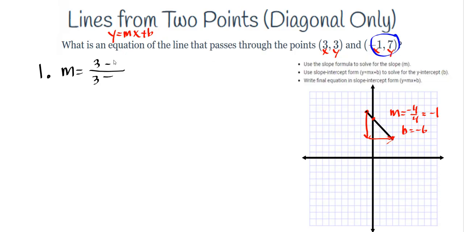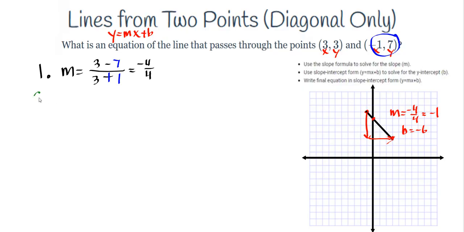When I put in this x value of negative 1, that's a negative negative 1, which will simplify to plus 1. So I have 3 minus 7, which is negative 4, and 3 plus 1, which is 4. And notice we got the same slope we did with graph paper.